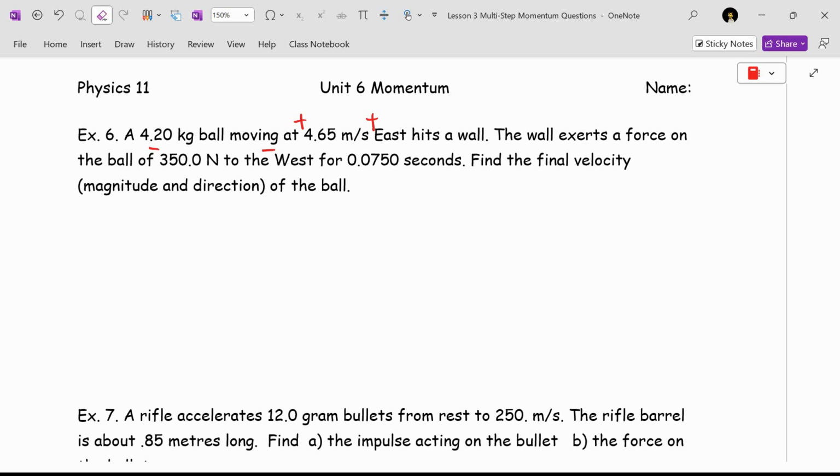It's a trick question. What do you know about time? Time is a scalar. It has no direction, much like your future, right? So time, ignore. That's important because if you accidentally stuck an extra negative in there, you'd get negatives divided by negatives when you didn't want it, right? What does it want us to find?